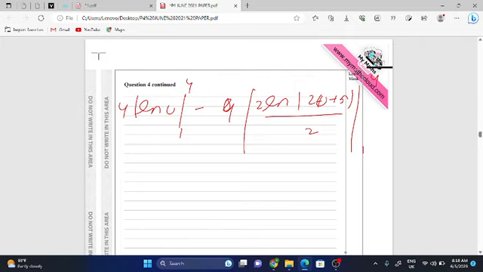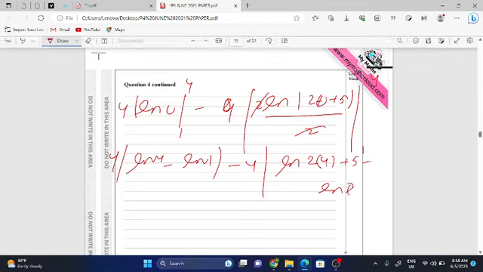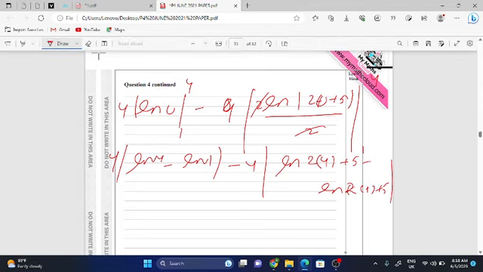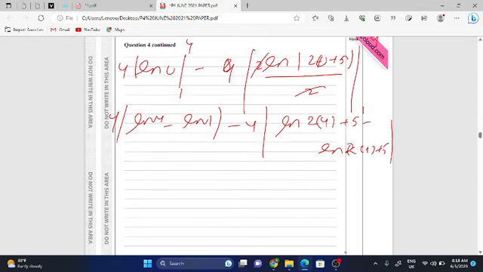Anyways, now plug back its values over here. That gives you 4 times ln of 4 minus ln of 1 minus 4 times this 2, and this 2 will cancel, ln of 2 times 4 plus 5 minus ln of 2 times 1 plus 5. So hold on your simplification using the ln property and collect the ln terms together.